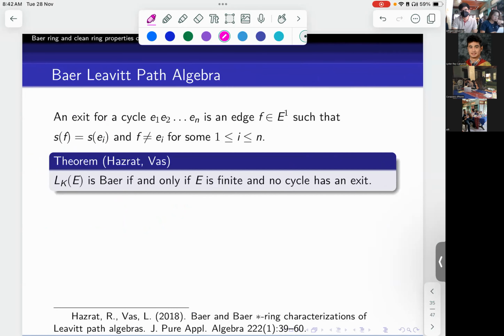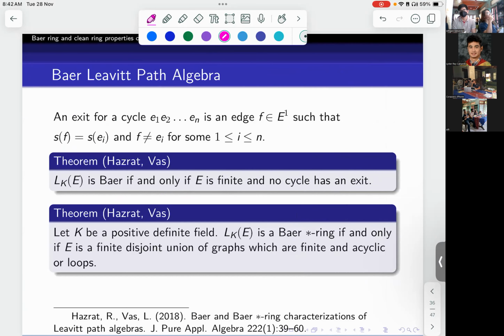What they proved was that a Leavitt path algebra is Baer if and only if the graph is finite and no cycle has an exit. So if you have a cycle, there won't be an exit for that. You will always be trapped in that loop. And for Baer star rings, for rings with involution, we need an additional assumption that the field K has to be positive definite.